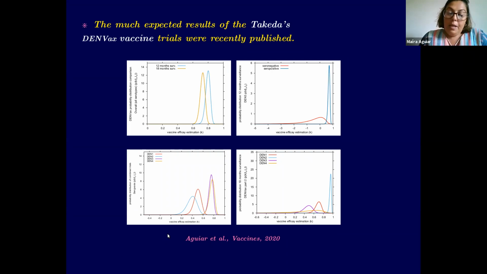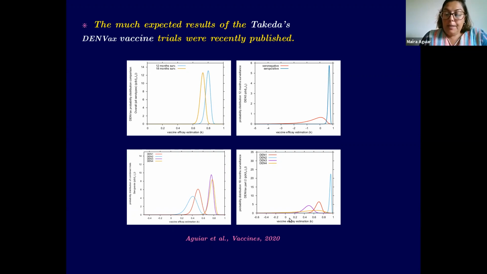Here we can see the difference per serotype, and we see that we have 2 different vaccine efficacies. Okay, so here I just compare the Dengvaxia from Sanofi and the Takeda vaccine efficacy. While in Dengvaxia you do not have similar vaccine efficacy for all serotypes, you have dengue 2 and dengue 1 with a lower vaccine efficacy, as opposed to dengue 4 and dengue 3 with an intermediate to good vaccine efficacy.